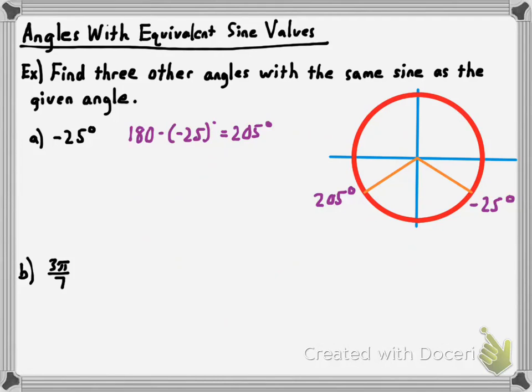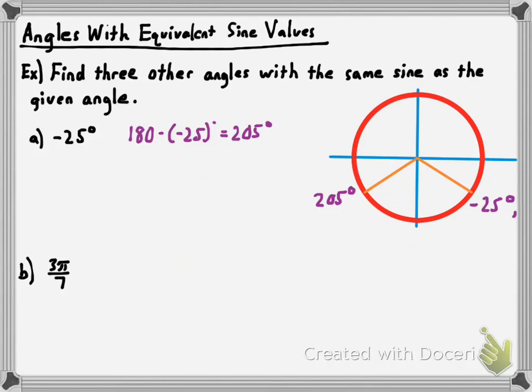Now how about two more angles with the same sine value? Well, how about we take advantage of the fact that coterminal angles have equal sine values? I'd prefer to keep these angles between negative 360 and positive 360. Let's find the angle between negative 360 and positive 360 that's coterminal with negative 25. I can find that by adding 360 degrees, couldn't I?